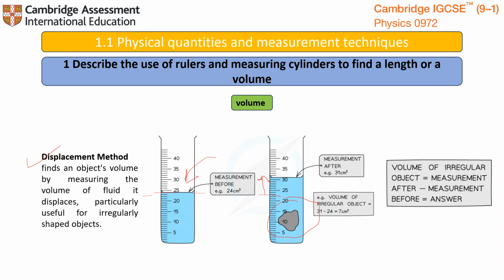The water level increases, and as we can see, the increased water level is 31 centimeter cube or 31 ml. This difference, which is 31 minus 24, is the volume of the irregular shaped object. Once again, the volume of the irregular object is the measurement after minus the measurement before.